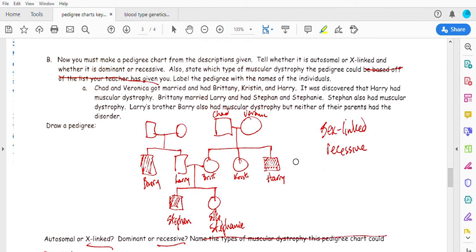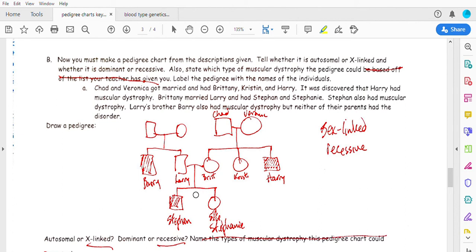Okay, so here we have where you're creating pedigree charts and then determining whether it's dominant or recessive. Chad and Veronica got married and had Brittany, Kristen, and Harry. It was discovered that Harry had muscular dystrophy. Brittany married Larry and had Stephen and Stephanie.